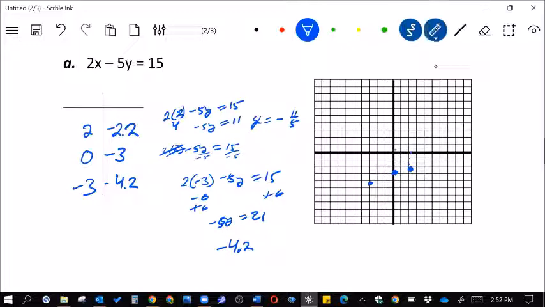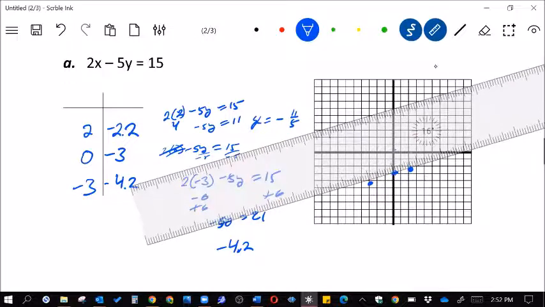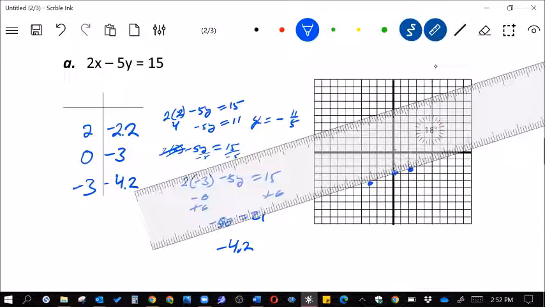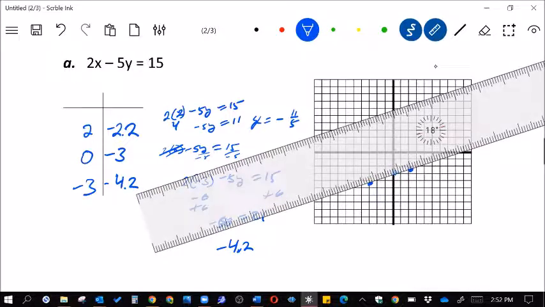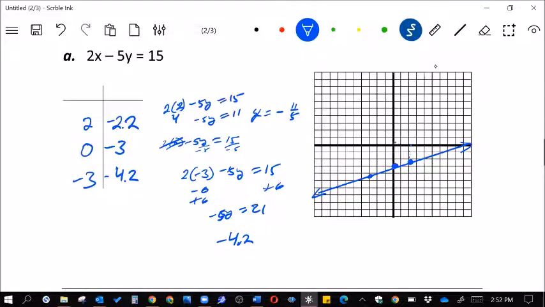At first I thought it didn't look like one, but it actually is, because of how I put my dots. It doesn't look like it's right, but it actually is. Okay, that helps to see it better. So we've graphed that one by making a table of values.